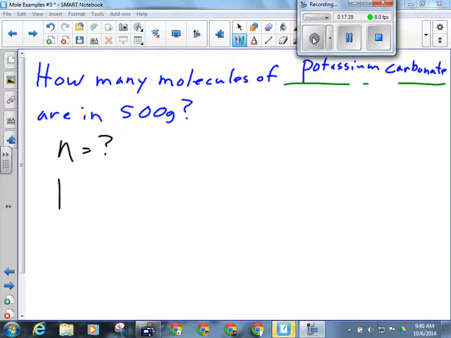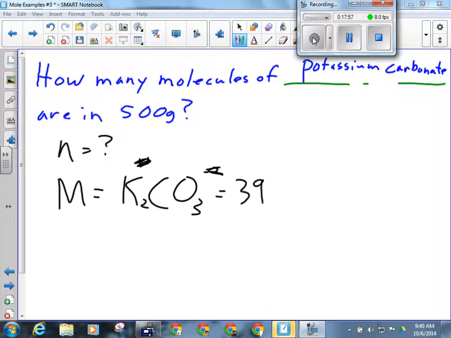The first thing I want to get is the molar mass. Potassium carbonate is K with CO3. This is a -2 and that's a +1, so we're looking at K2CO3. K is 39.10 on yours, so 39.10 times 2, plus 1 carbon, which is 12.01, plus 48, which is 3 oxygens.